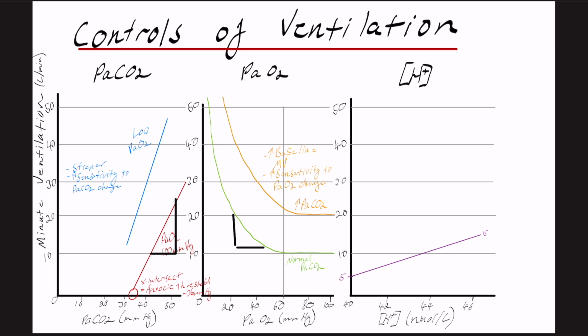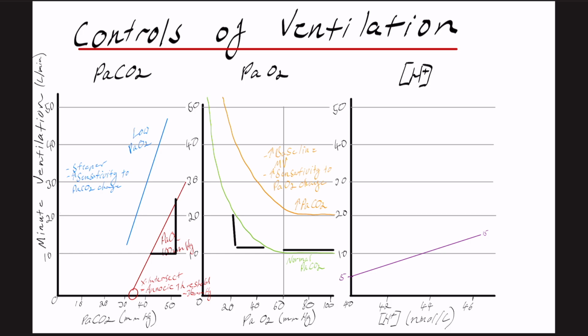And it really depends at what point on the curve you draw these lines. As mentioned before, the CO2 line is linear, whereas the PaO2 line is not linear. It gets stronger the more hypoxic you become. And it's interesting to note that above 60 millimeters of mercury, the line is essentially flat.